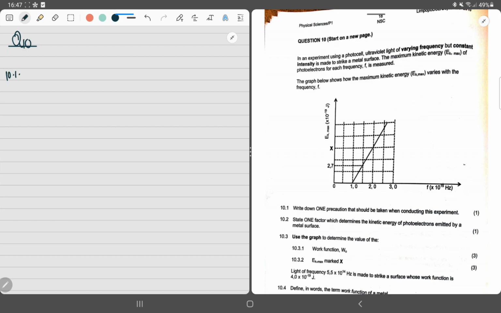That is 10.1. So ultraviolet light should not be in contact with the skin for prolonged periods of time, and it shouldn't get into the eyes either.